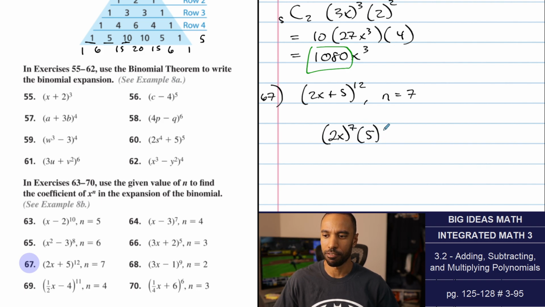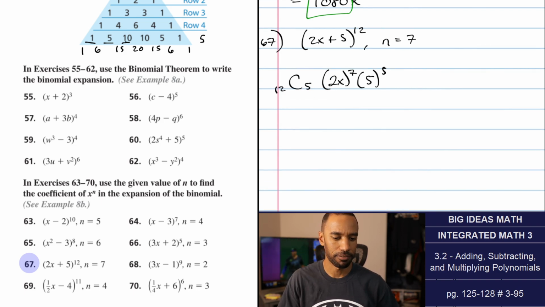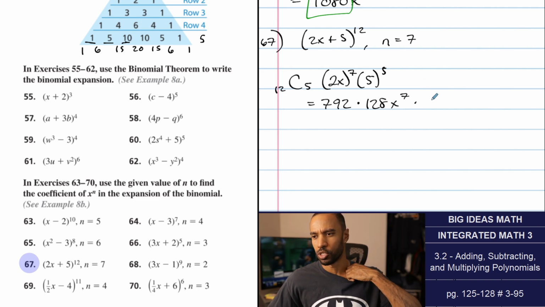That'll raise 5 to the 5th power, and we're going to be doing 12 choose 5 to figure that out. So 12 choose 5 is 792. 2 to the 7th is 128. And 5 to the 5th is 3125.